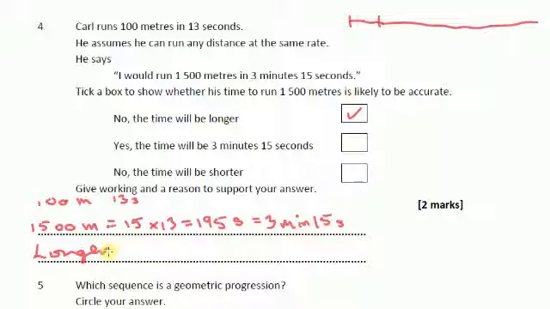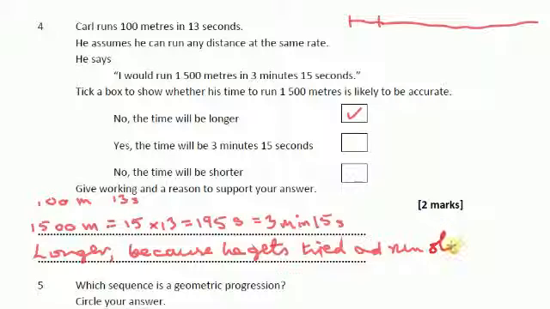So I'm saying it will be longer because he gets tired and runs more slowly. As you go on, you run more slowly than you were at the beginning. So that's my reason.